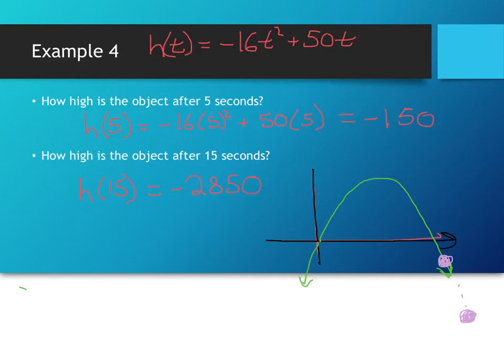So there is this issue with when we build models, we have to understand that we can get answers mathematically that don't work in reality. Okay? And you always have to ask yourself and check with yourself and say, does this really even make sense? In this case, would the height of a ball really be negative? Of course it wouldn't, unless it fell off a building or something like that. Okay? But in this case, that negative 150 would not work.